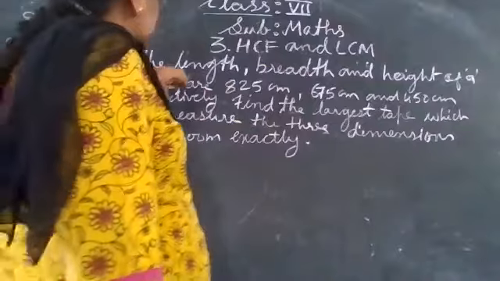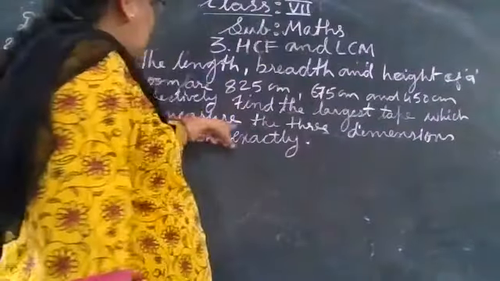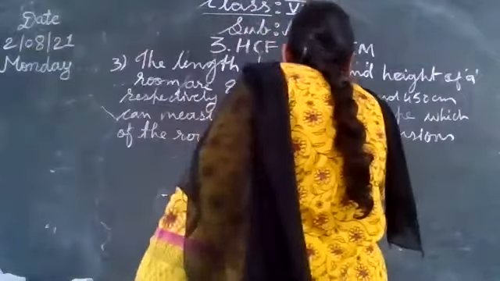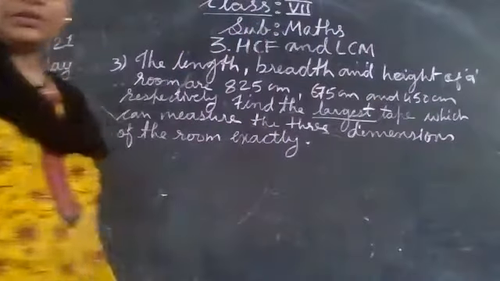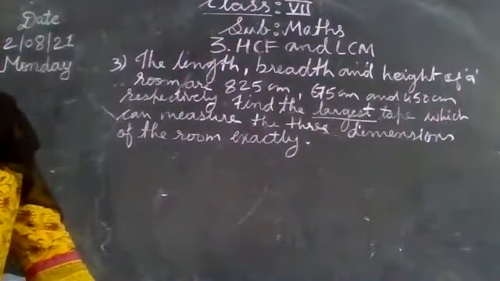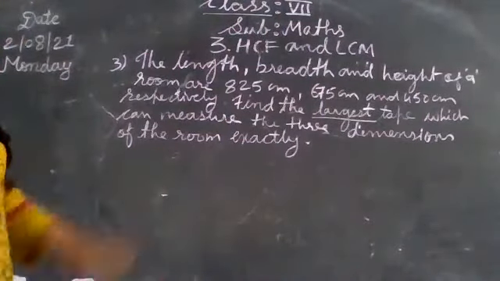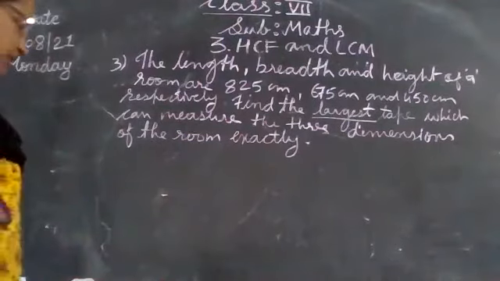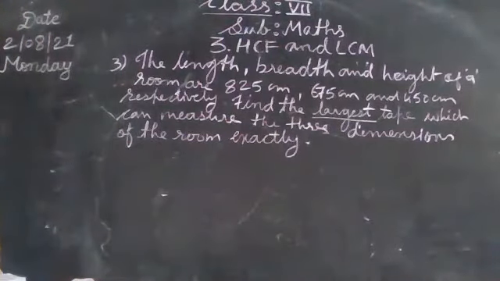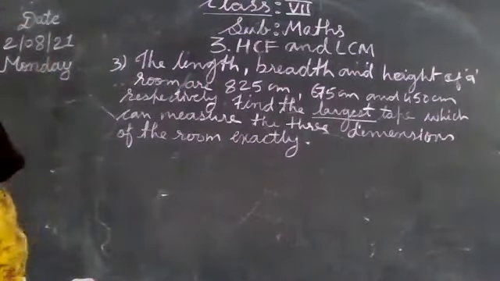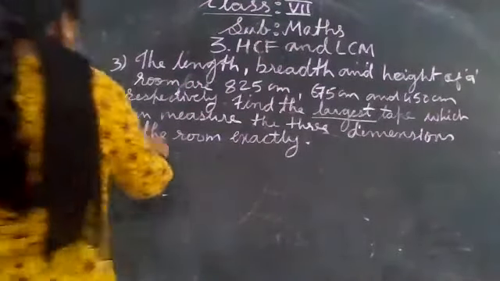See beta, find the largest. The word is largest. That's why you have to find the HCF of these 3. So you have to find the HCF of these 3 and you get the greatest divisor.